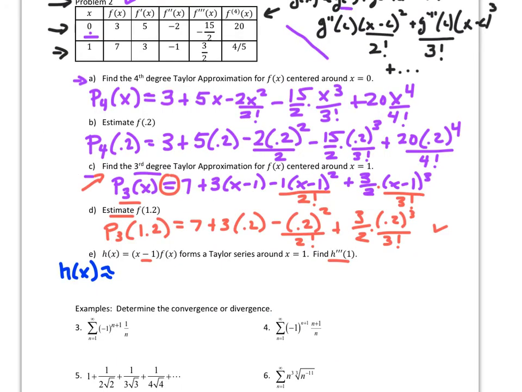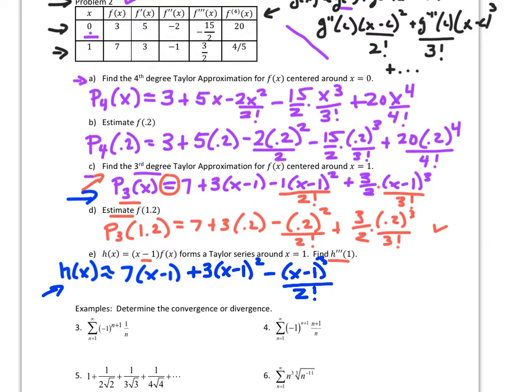So I'm just going to write out h of x with the x minus 1's in there. So my first term is, and this is centered around 1, so it's going to be my 7. So I'm looking right here. 7 times x minus 1. So h of x is approximately this third degree polynomial.